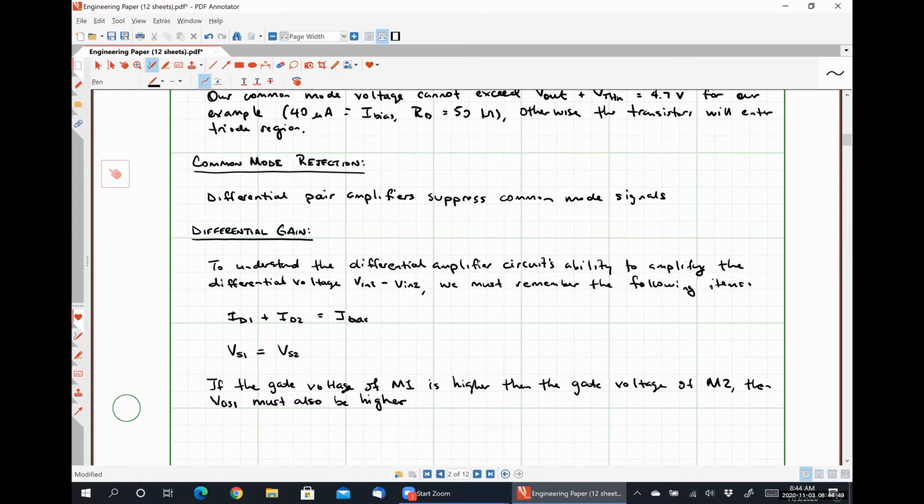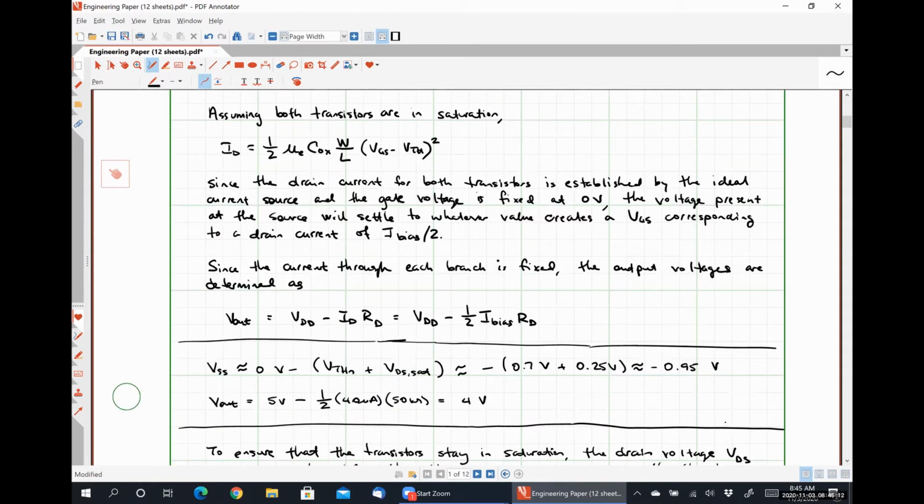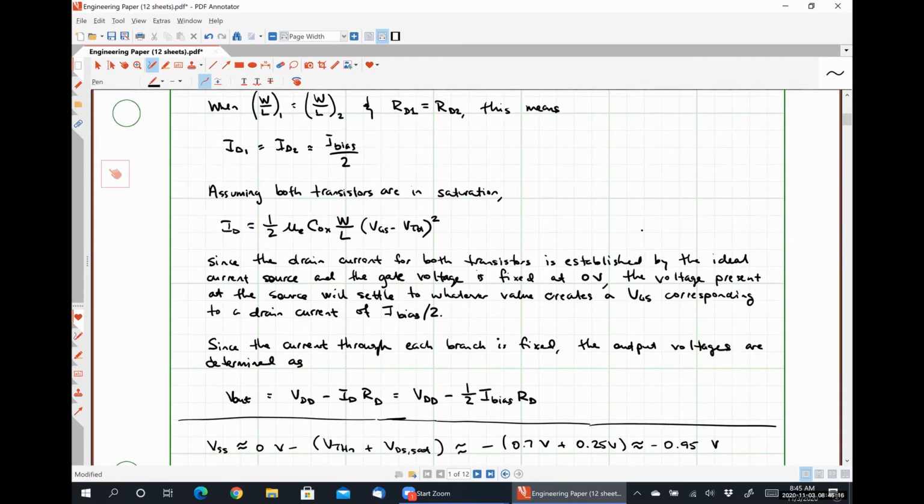than the voltage VGS2. So what does this mean? If VGS1 is larger than VGS2 and our transistor is in saturation, we come back here, what does it mean for the drain current of transistor 1?